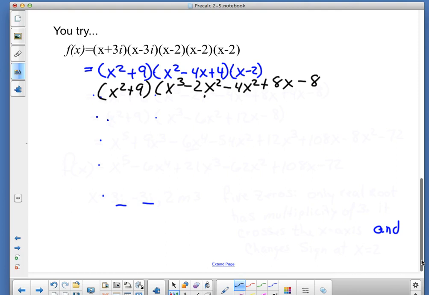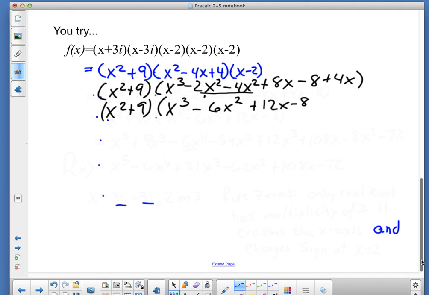Negative 2 times negative 4x is positive 8x. Yeah, I forgot a 4x. Sorry about that. And then I can combine those like terms. X cubed, I got my 2x squared, minus 6x squared. And then I got plus 12x minus 8. And then I distribute that last one.